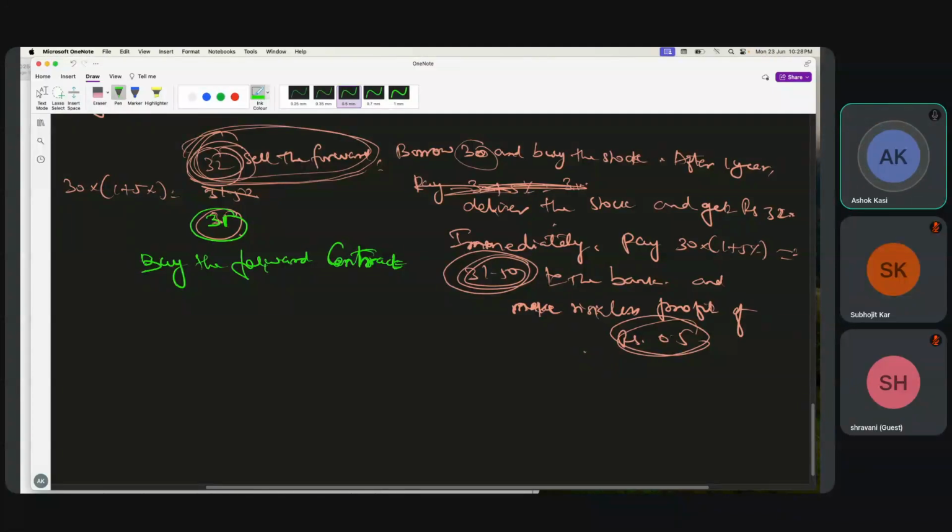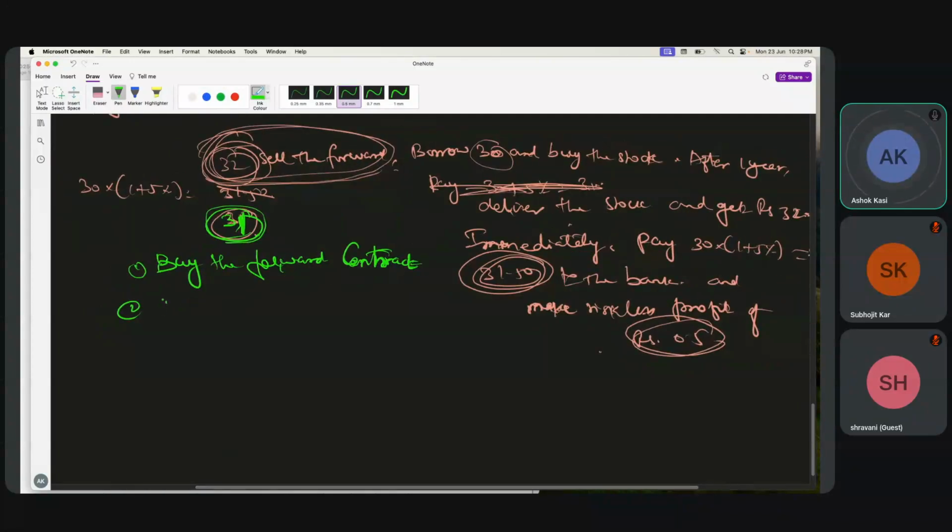You should buy the forward contract. This is 31. So if you are buying, that means you are agreeing to pay 31. Now, if you are agreeing to pay 31 after 1 year and get shares, you have to arrange for 31 now. So how will you arrange for 31? Currently it is trading at 30.